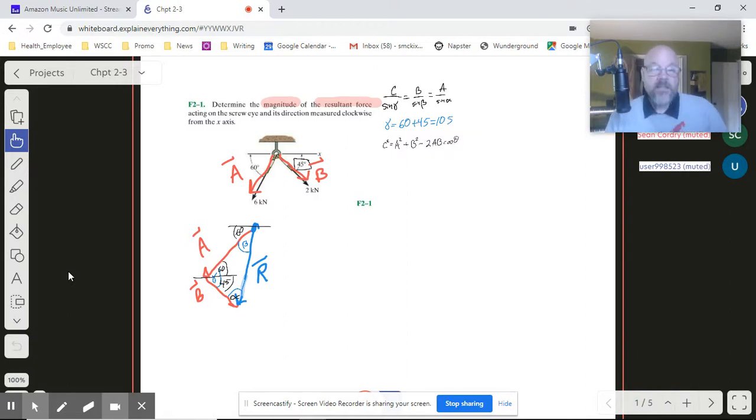So what does theta refer to? Theta in this case is always going to be whatever angle is opposite of C. Imagine if it were 90 degrees.